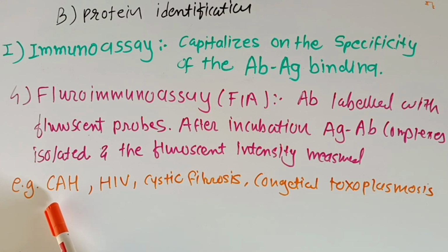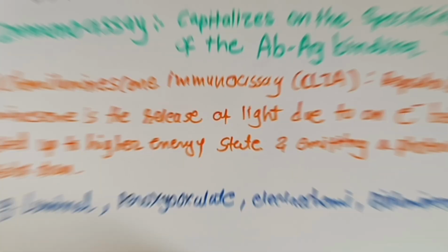This technique is useful for endocrine pathways basically. First is CAH, congenital hypothyroidism, used for thyroid detection, also used for HIV, cystic fibrosis, and congenital toxoplasmosis disease identification. So these are the applications of fluoroimmunoassay.